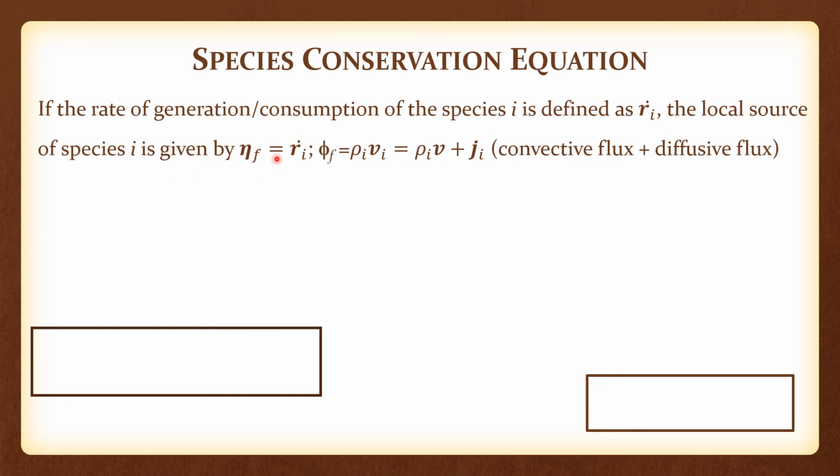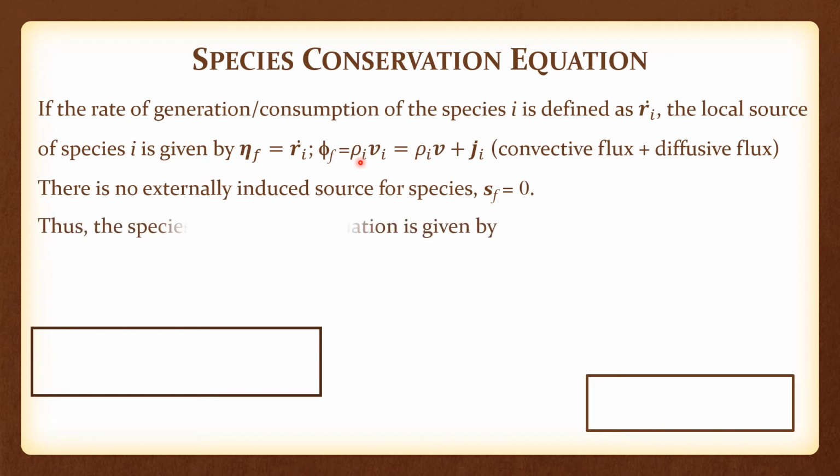So basically eta f is simply this r dot i, and then phi f is rho i Vi, which is your species flux, which can be split into two parts. One is rho i v, which is the convective flux, and the second is ji, which is the diffusive flux. This is how the convective and diffusive flux sum up together to get the overall flux of that particular species i. There is no externally induced source for species. You cannot suddenly generate a species from an externally induced source.